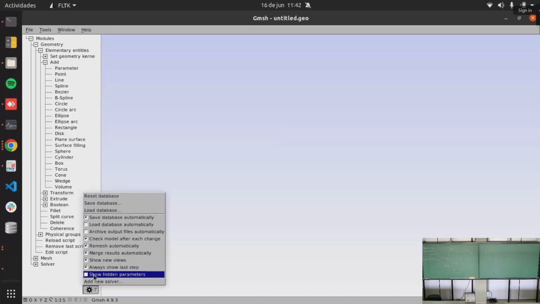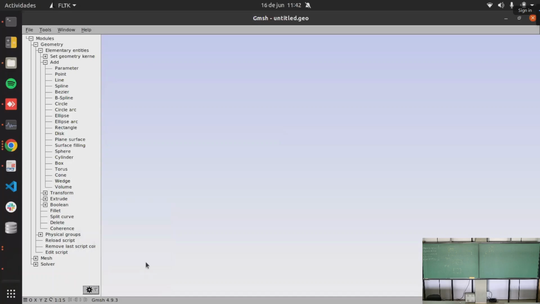I can zoom, is it okay, can you see it okay? Yes. You can add parameters, points, lines, circles, ellipses, rectangles, discs, spheres, cylinders.